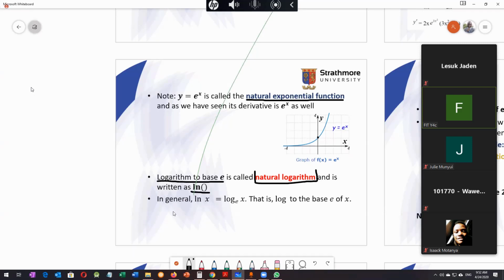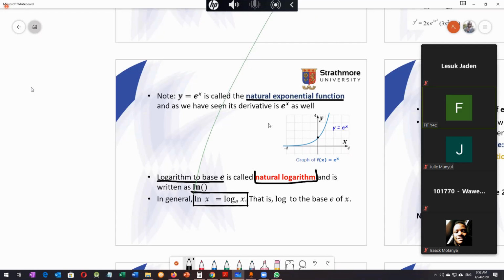You must remember this, it's going to always appear: when I say the natural log of x, I actually mean log to base e of x. So ln, natural log, is log to base e. And what is e? E is that long e number that we talked about.